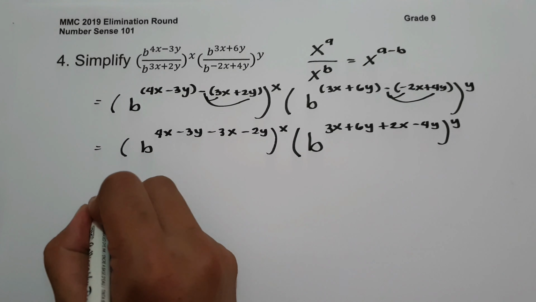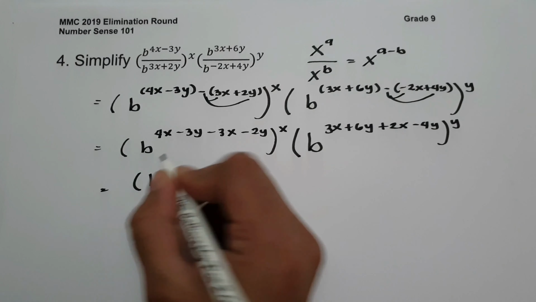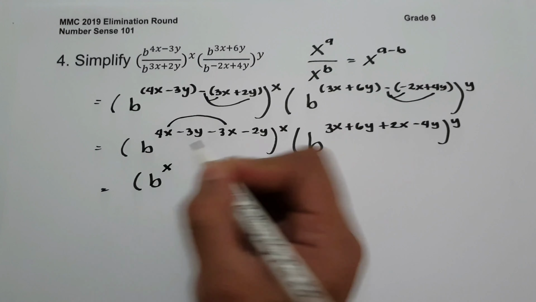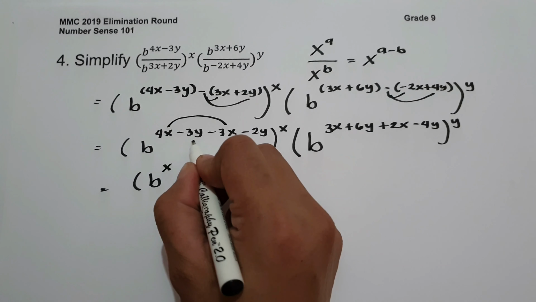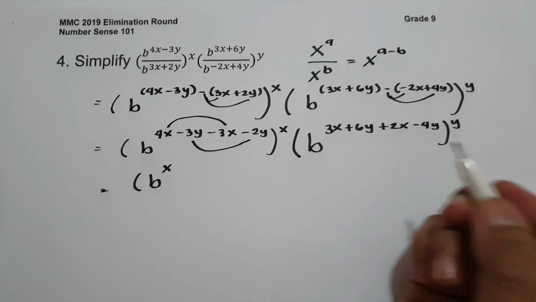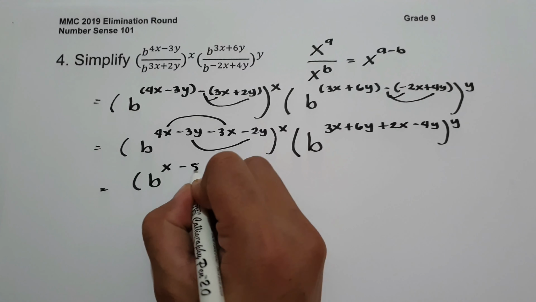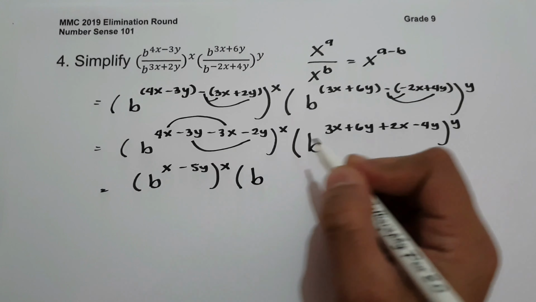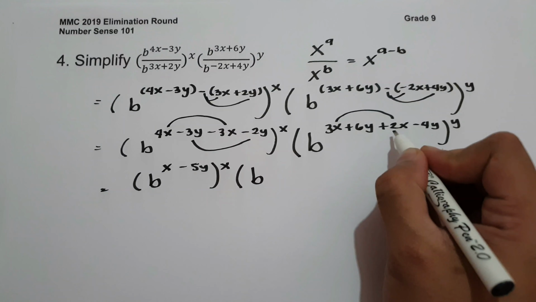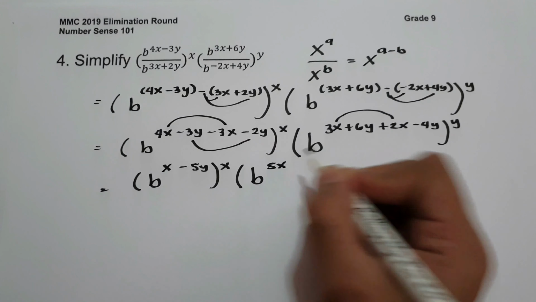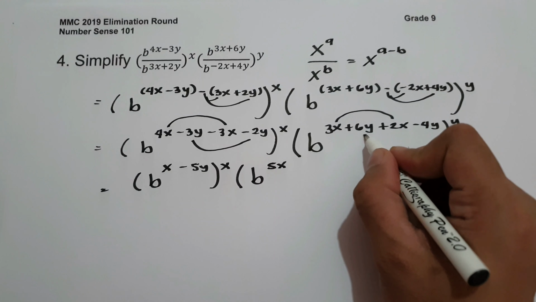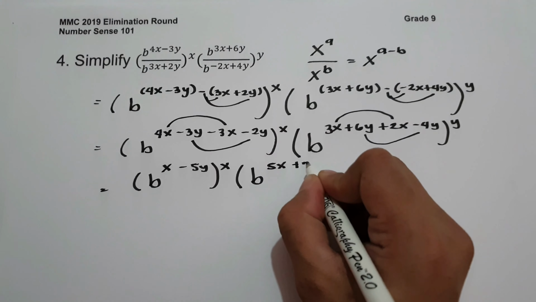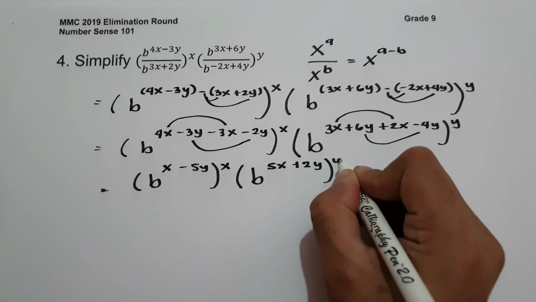And then let's have b, 4x minus 3x, that is x, and then negative 3y minus 2y, that is negative 5y, raised to x, multiplied by b, 3x plus 2x, that is 5x, and then 6y minus 4y, that is positive 2y, raised to y.